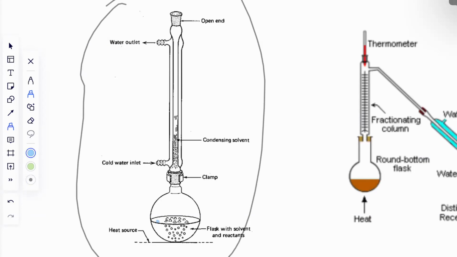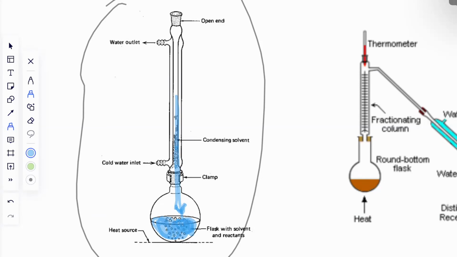You put alcohol and the oxidizing agent. You heat it up, maybe with a Bunsen burner below. Then it will react. You get a mixture of carboxylic acid and aldehyde. Then the aldehyde wants to go up here, but it will cool down, condense, and go back down, and react again.